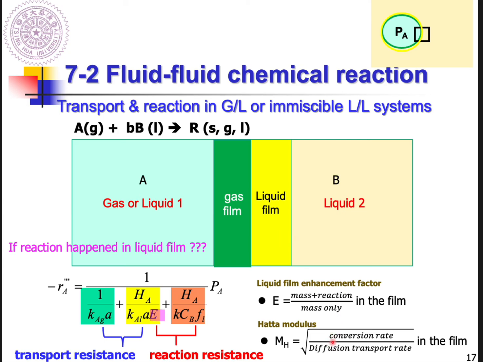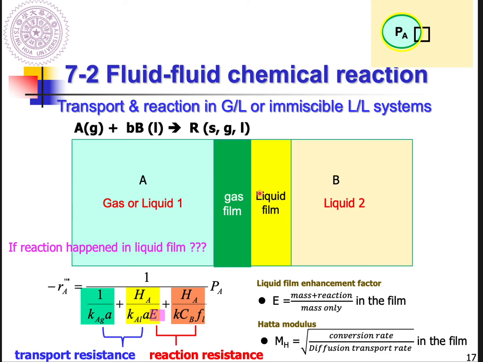If the reaction rate is very fast and transport is slow, then as long as B enters here and meets an A molecule, they will react simultaneously and very fast, right?